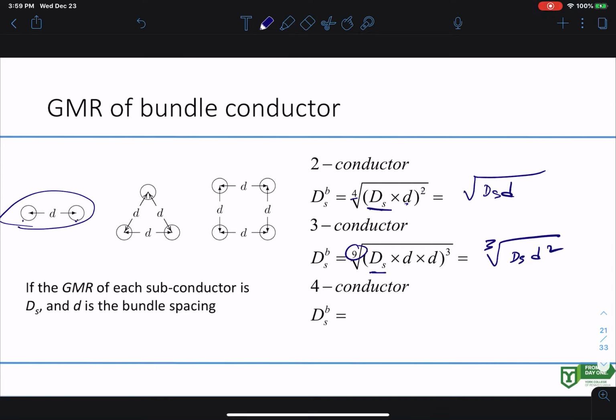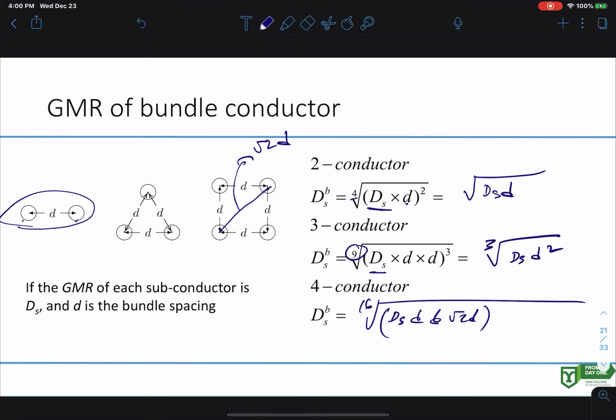And for a four-conductor bundle, let's do the same. You have 16 quantities in there. Each of them has ds, and you have to find this one over here, the hypotenuse of that triangle, which should be square root of 2d. So you have d and square root of 2d, and there are four quantities there.